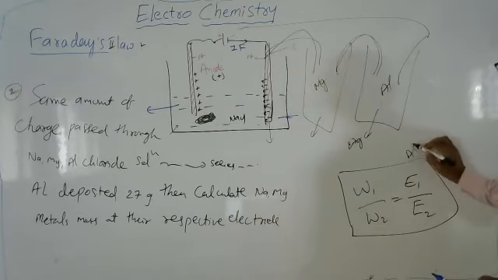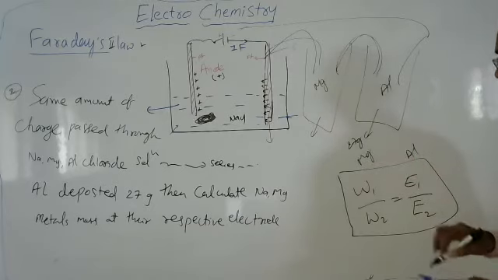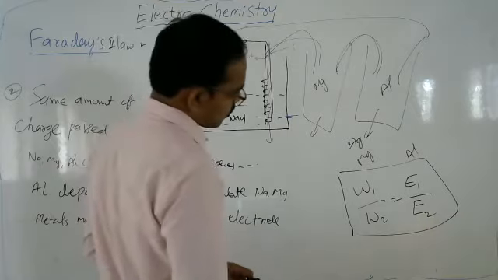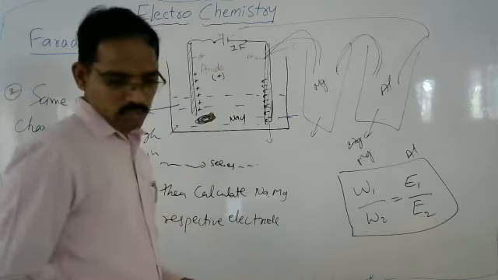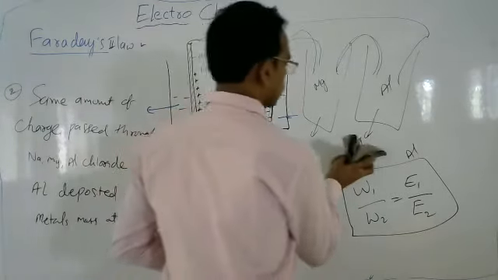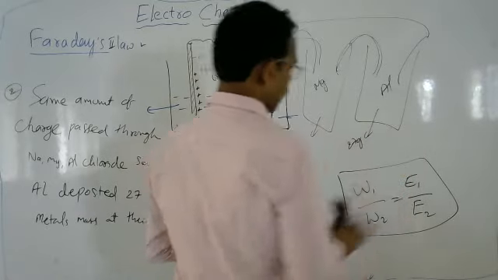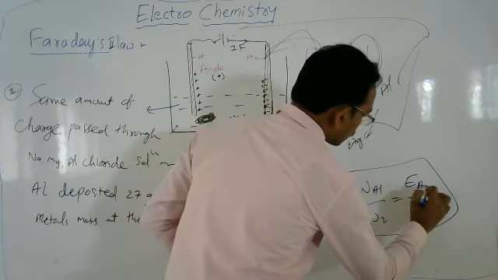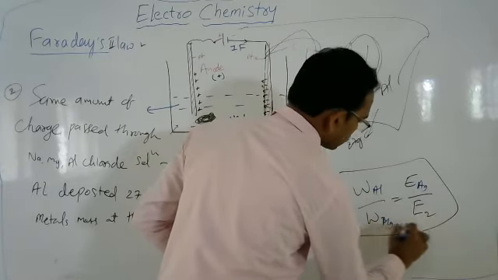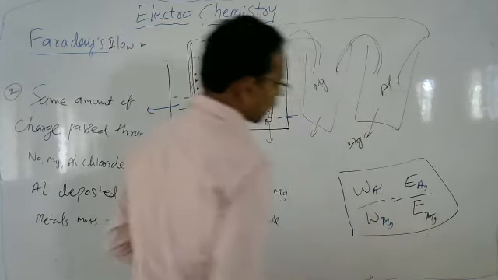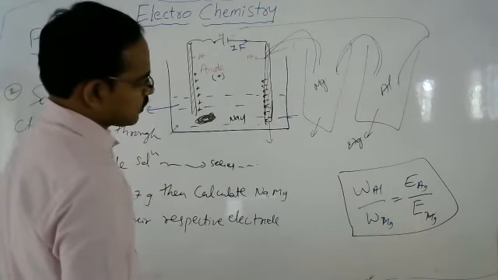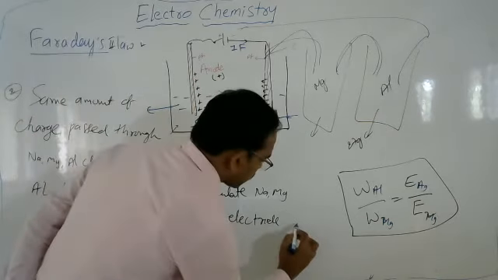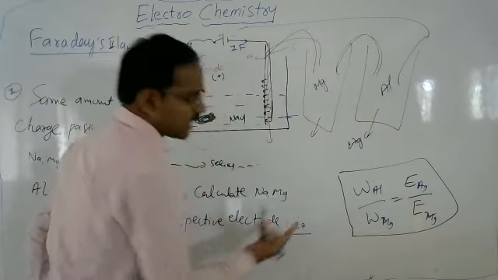Now I am taking one as aluminum, two as magnesium. Aluminum, how much mass deposited? 27 gram deposited upon magnesium.